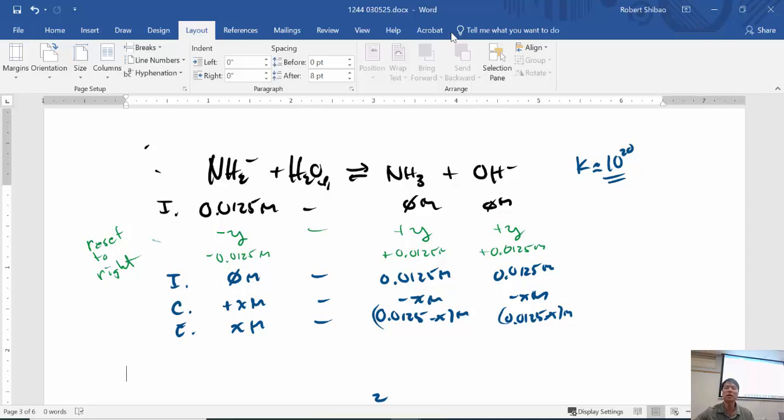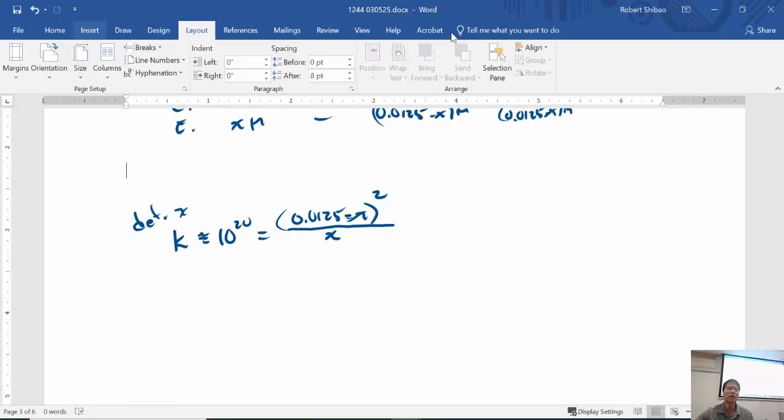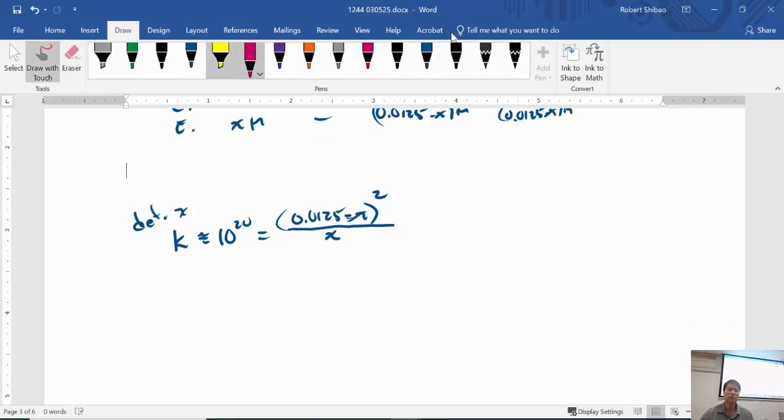And so we're going to solve this in two methods here. We're going to solve this with the quadratic, and we're going to solve this using the simplifying assumption. So I'm just going to go ahead and use the simplifying assumption to do this. What the simplifying assumption says is that the change is much, much smaller than the initial.